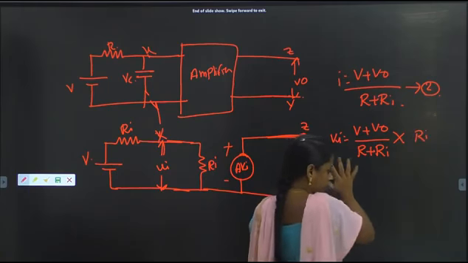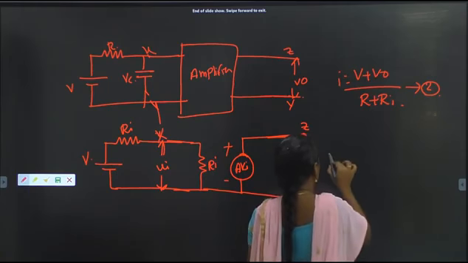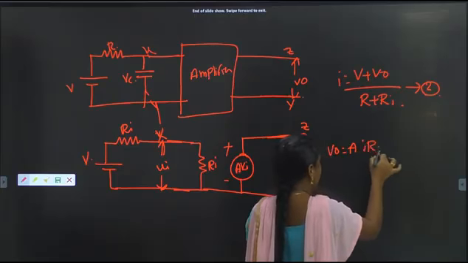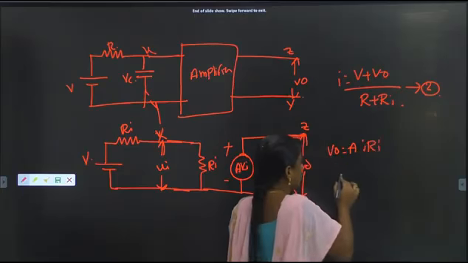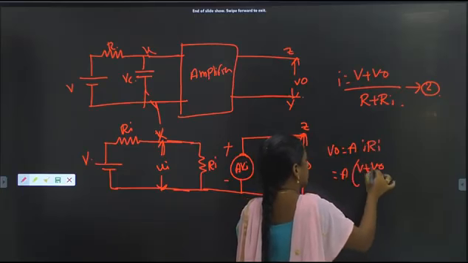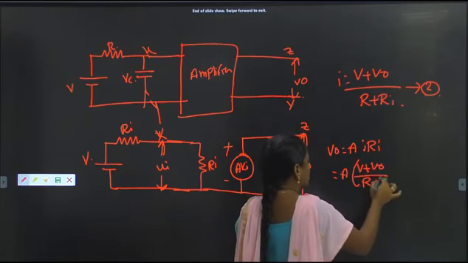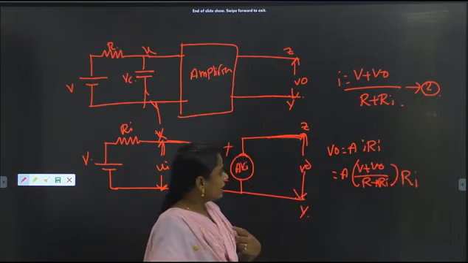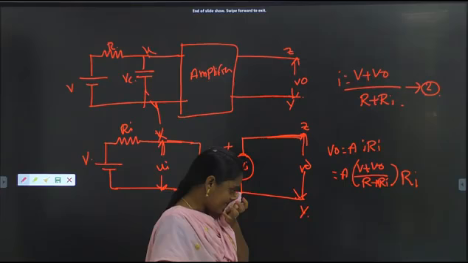Sorry, V naught is equal to A into I Ri. In that I have to substitute in place of I: A into I, nothing but V plus V naught by R plus Ri, into Ri. So after that, what is V naught? We have to find it like this.